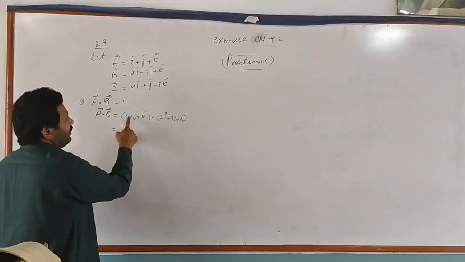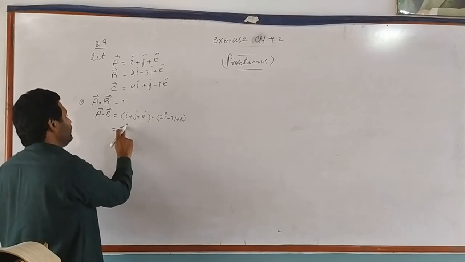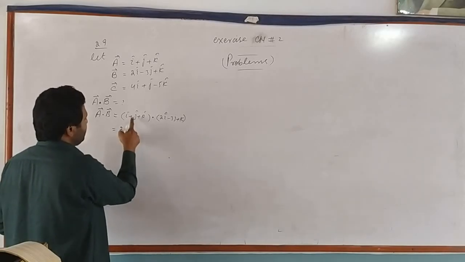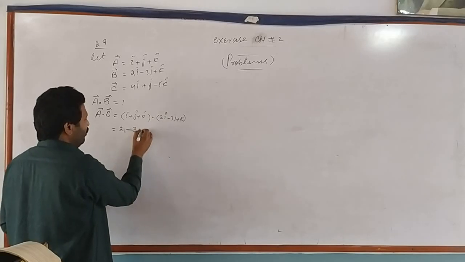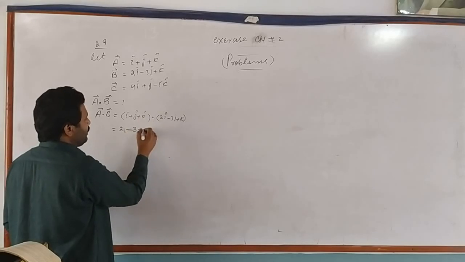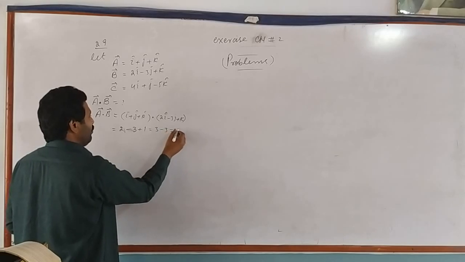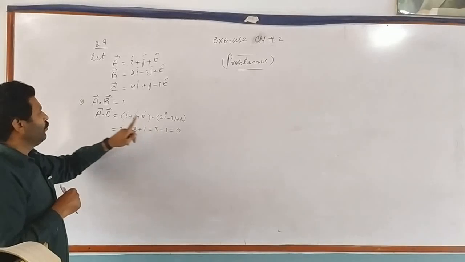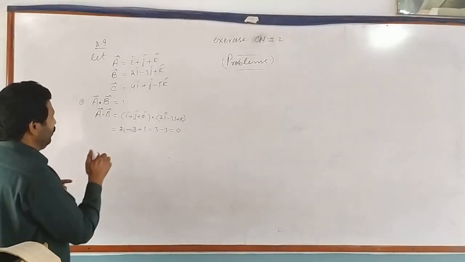The resultant will be 1 2s are 2, i dot i is equal to 1. Similarly, minus 1 3s are 3, j dot j is equal to 1, plus 1 1s are 1. The answer is 3 minus 3 is equal to 0. As the dot product of these two vectors A and B is 0, we can say that these two vectors A and B are mutually perpendicular.